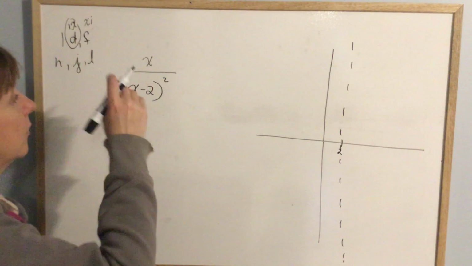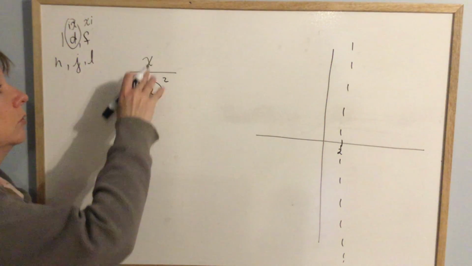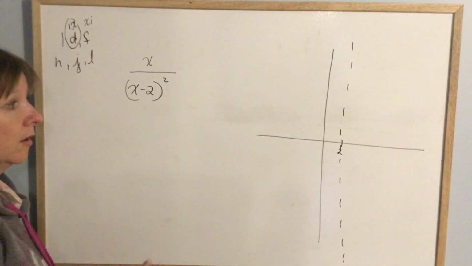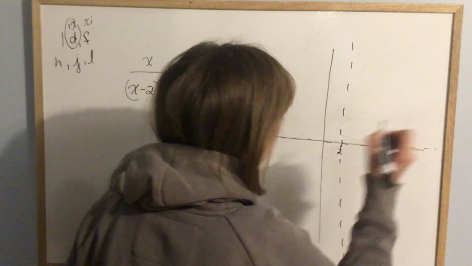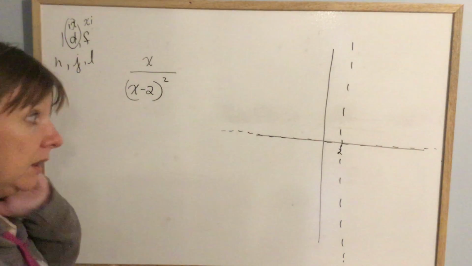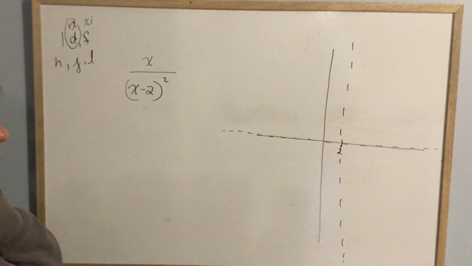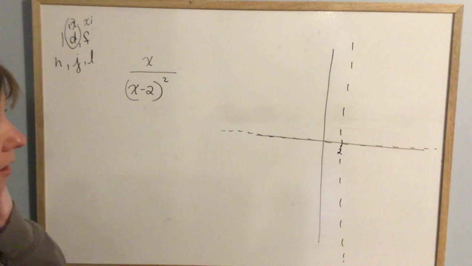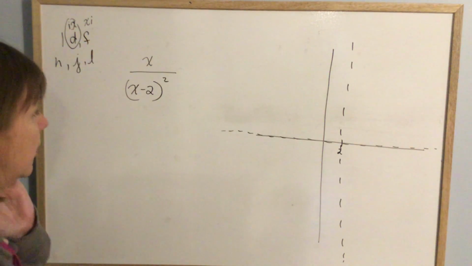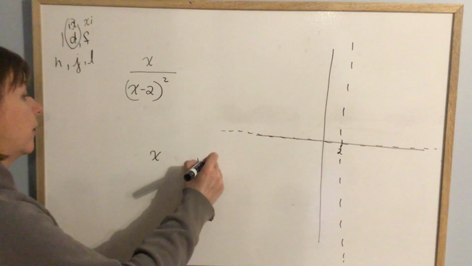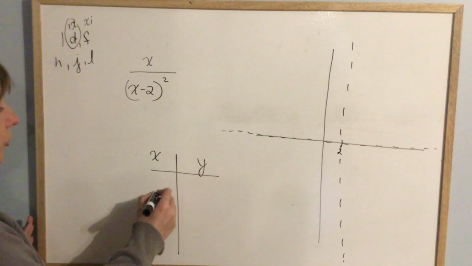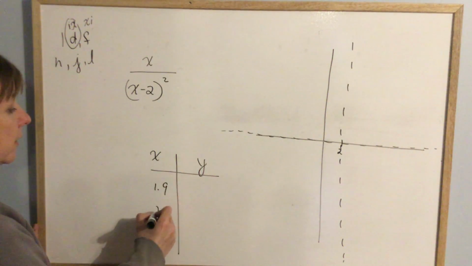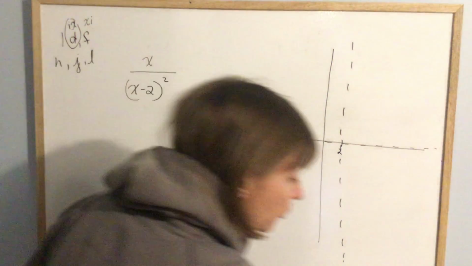Horizontal asymptote: the degree on the bottom is going to be 2, the degree on the top is 1. So therefore, horizontal asymptote, yay. So now I'm going to do a quick table of values, and I'm going to do 1.9 and 2.1 for sure.